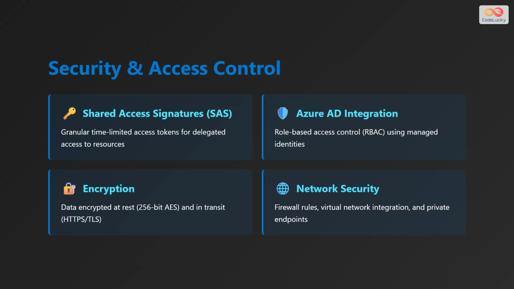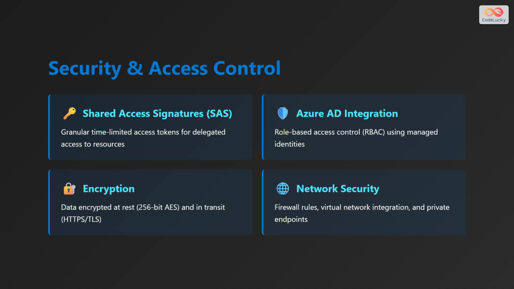Security is built into Azure Blob Storage at multiple levels. Shared Access Signatures, or SAS, provide granular time-limited access tokens that let you delegate access to specific resources without sharing your account keys. Azure Active Directory integration enables role-based access control, or RBAC, using managed identities for seamless authentication.